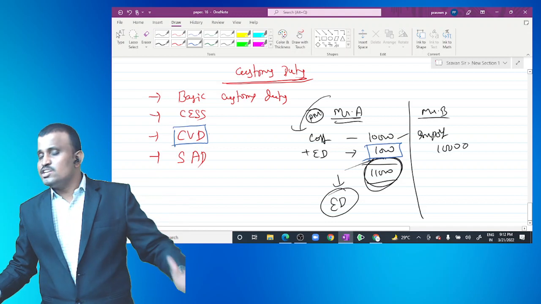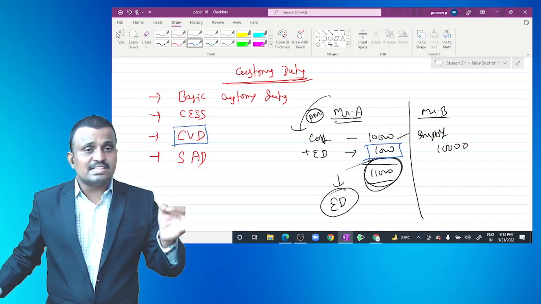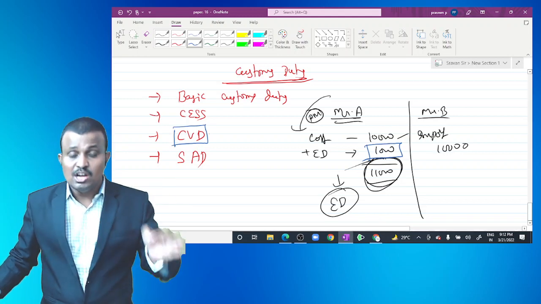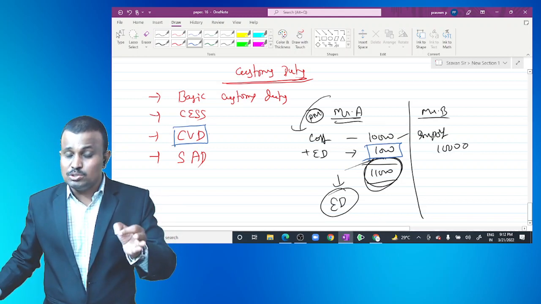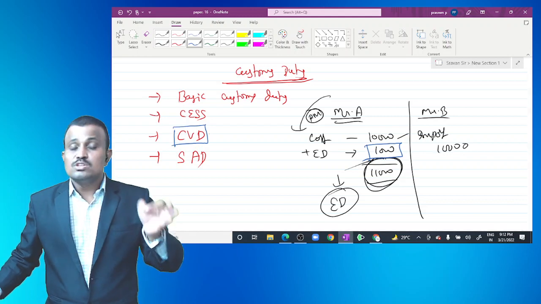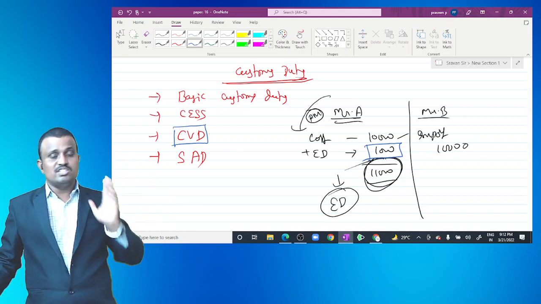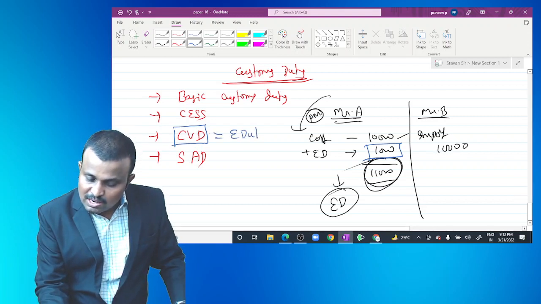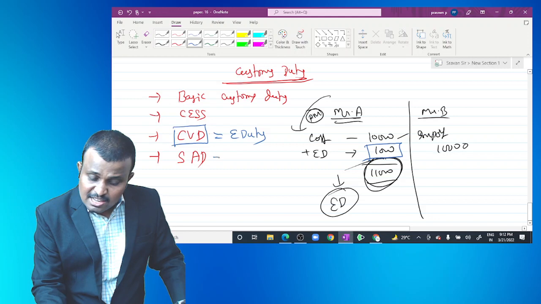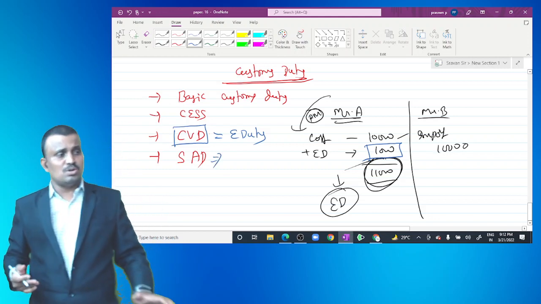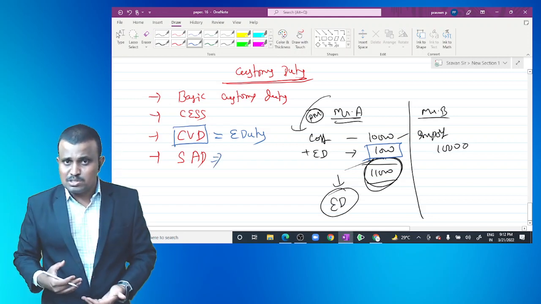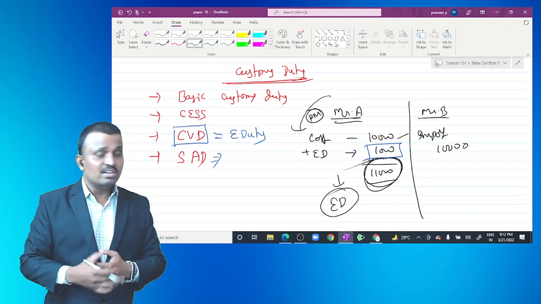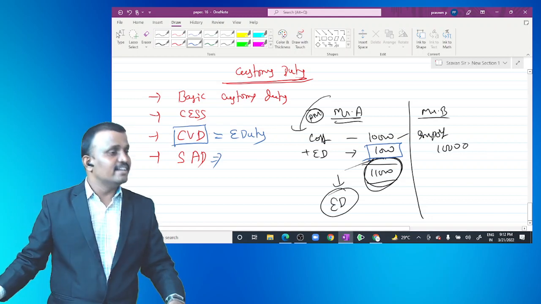So countervailing duty is the tax imposed by the government on importation of the product which is equal to the excise duty imposed if a similar product was manufactured in India. So simply said, countervailing duty is nothing but excise duty. And special additional duty is also imposed to counterbalance the local taxes levied by the government if a similar product is traded in India.